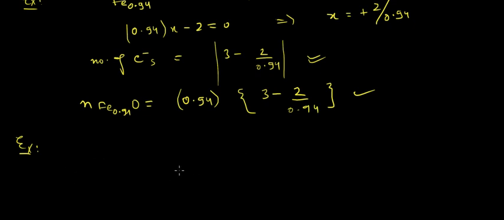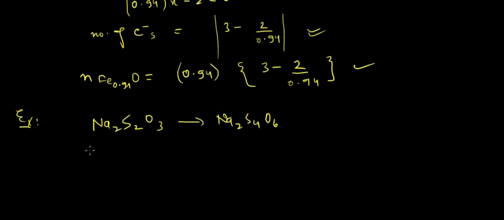So let's see another example. We have Na2S2O3 getting converted into Na2S4O6. In this, S is in +2 state, which is getting into +5/2 state.